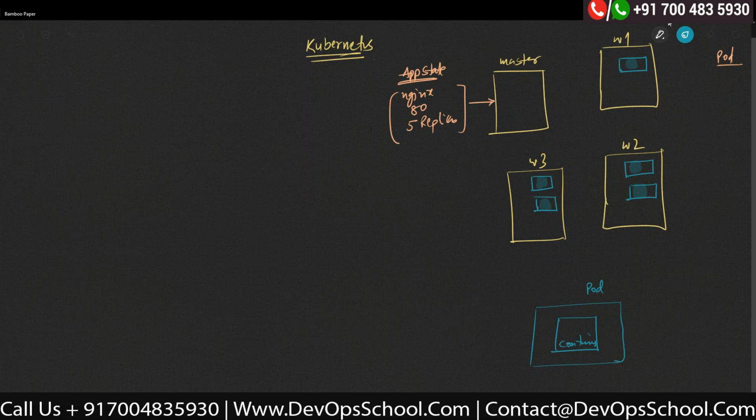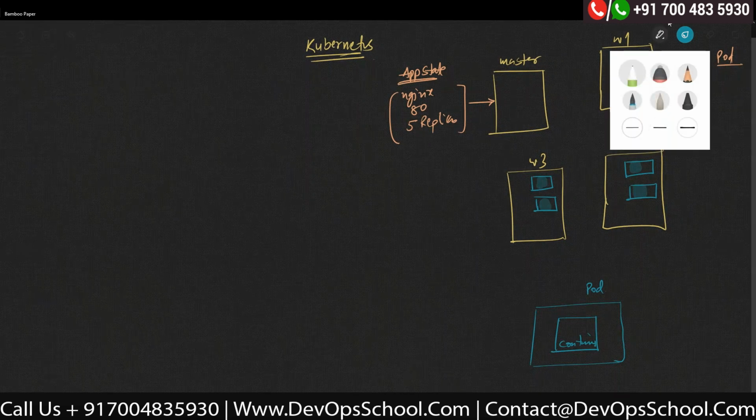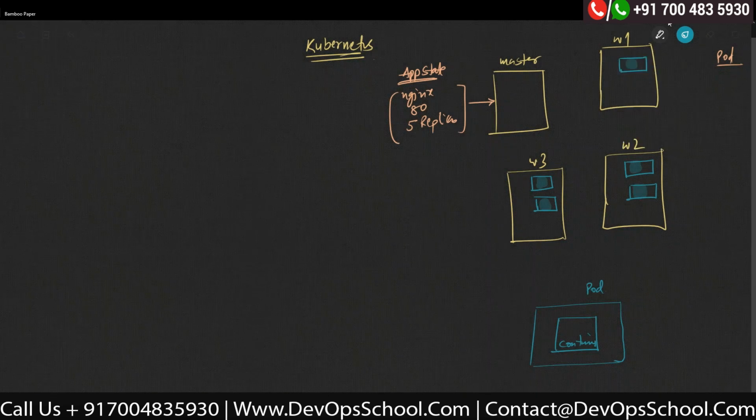Okay, so this is how it happens. Now how does master do it? This is the most interesting and the place where I will need complete attention from you. What are the various components in master that enable this orchestration? So let's talk about those.